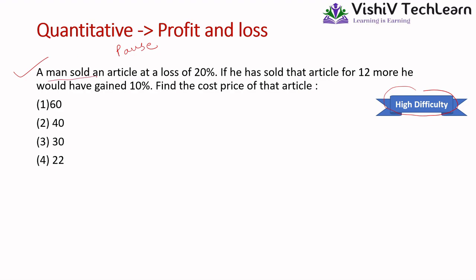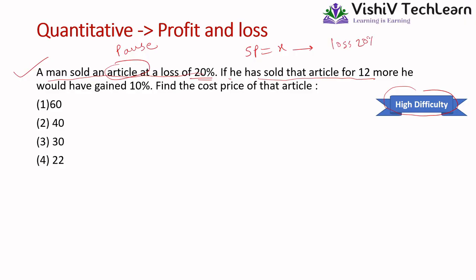A man sold an article at a loss of 20%. So a man is there and there is one article. He sold it at a loss of 20%. Let's say the selling price SP is X, at that time the loss is 20%.